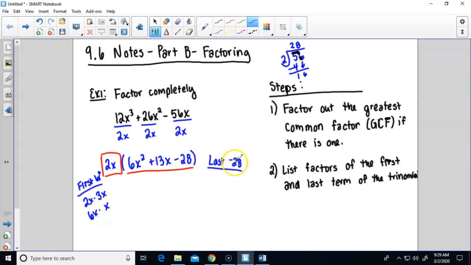Okay, so negative 28. To get negative 28, what could I multiply together? Negative 4 and 7, or positive 4 and negative 7. What else? 14 and 2, so I could do negative 14 and positive 2, or positive 14 and negative 2. There's one more.